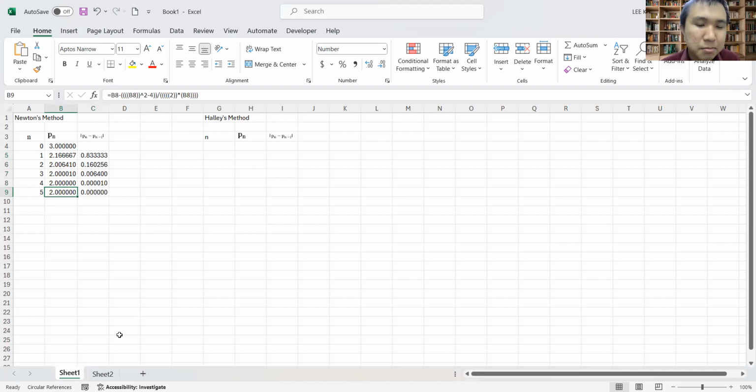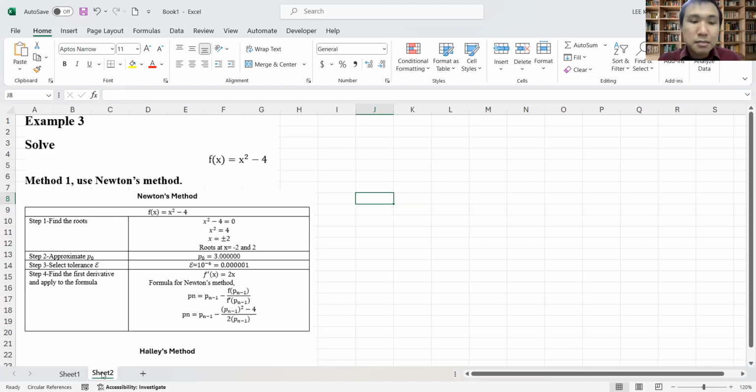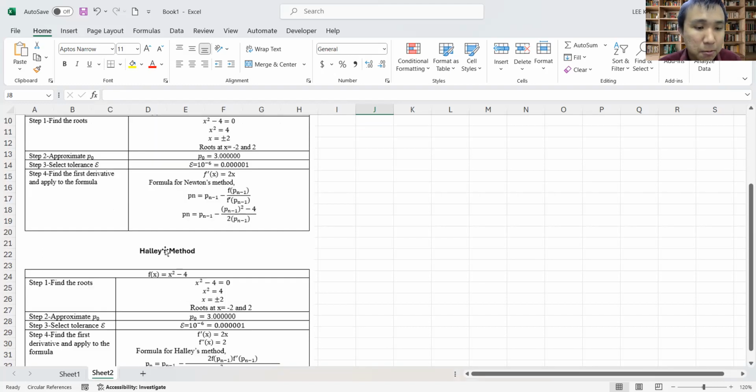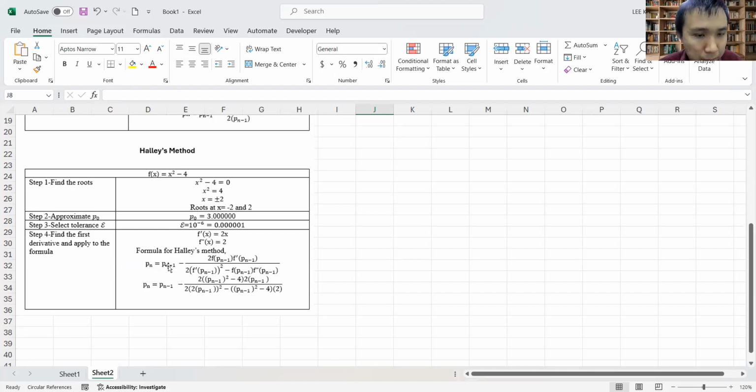I'm going to explain Halley's method first before I proceed. Halley's method is a numerical method for the root finding problem, another method for root finding. The formula is Pn equals Pn minus 1 minus 2 f(Pn minus 1) f prime(Pn minus 1) divided by 2 f prime(Pn minus 1) squared minus f(Pn minus 1) f double prime(Pn minus 1).